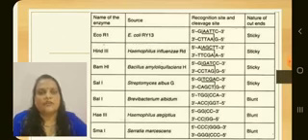So the source is E. coli RY13. Recognition site is GAATTC. The cut introduced is asymmetric cut. It introduces cut after G on both the strands. Therefore, the ends produced are sticky ends.